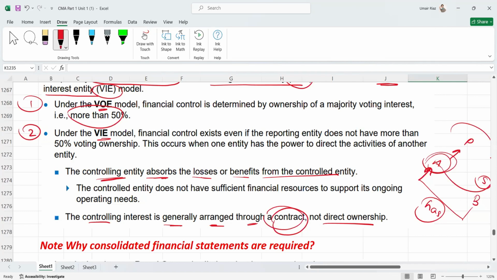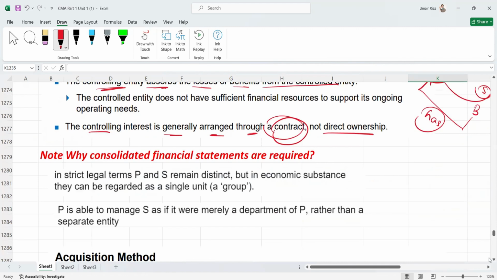In both the voting interest entity model and the variable interest entity model, consolidated financial statements are required. Now, here we have a small note on why consolidated financial statements are required. For example, if the parent is controlling the subsidiary, technically in legal terms the parent is a separate legal entity and the subsidiary is a separate legal entity.